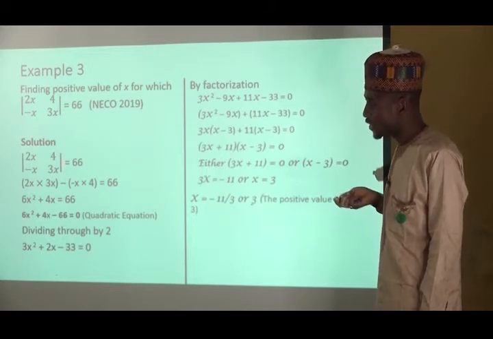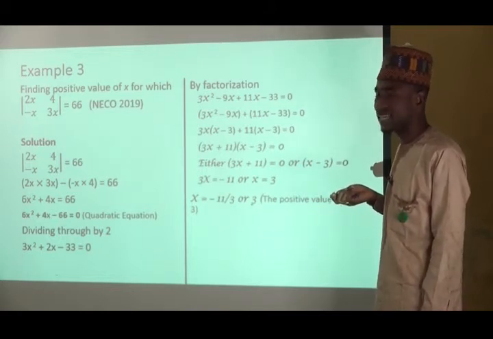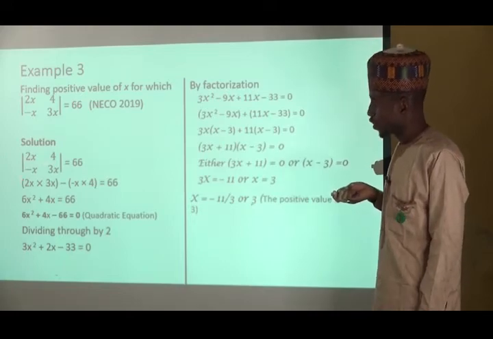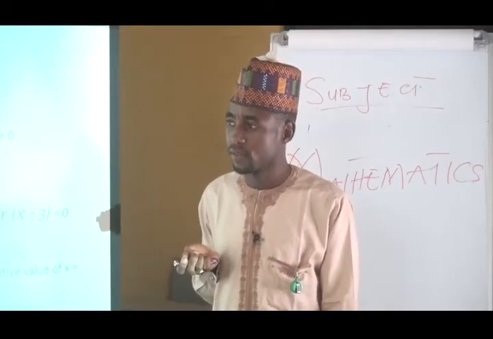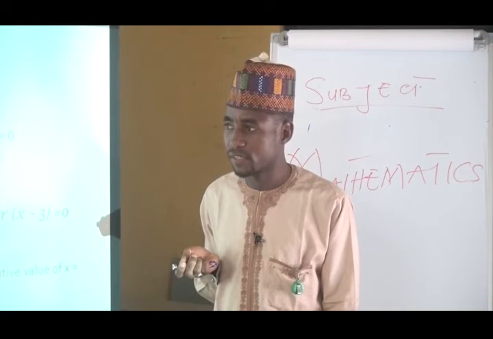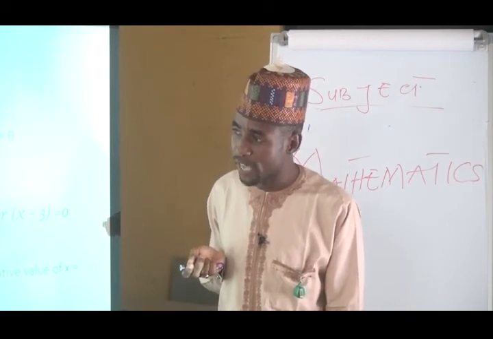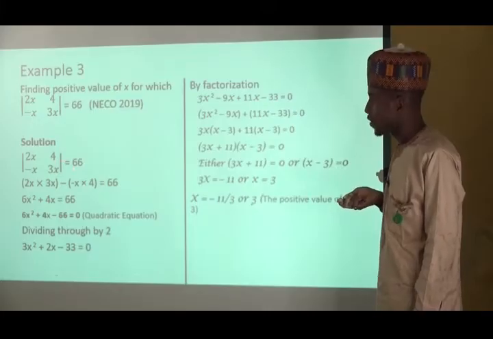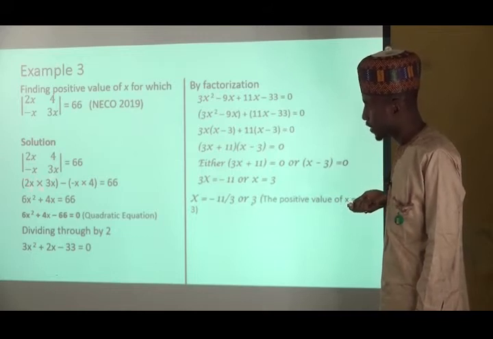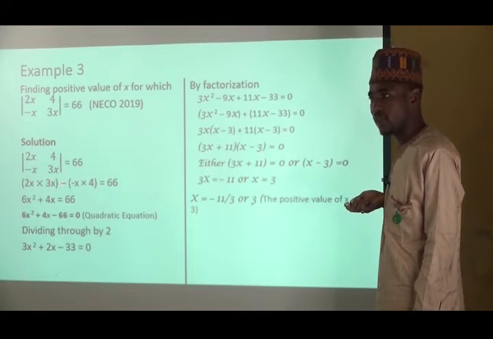Now we'll evaluate the determinant just the way we did the first and second examples. We multiply 2x times 3x. Then we multiply minus x times 4. Here, 2x times 3x minus, this minus is for the evaluation of the determinant.